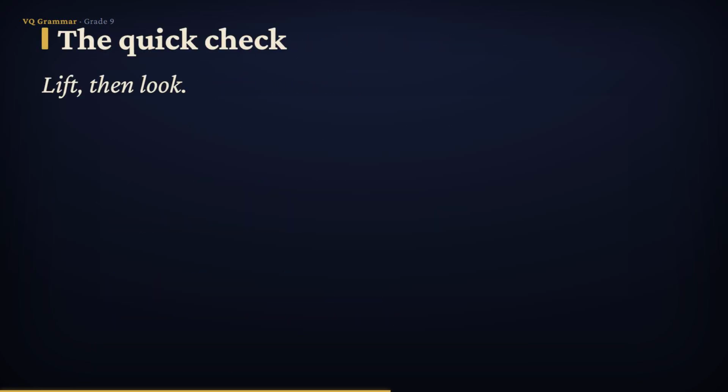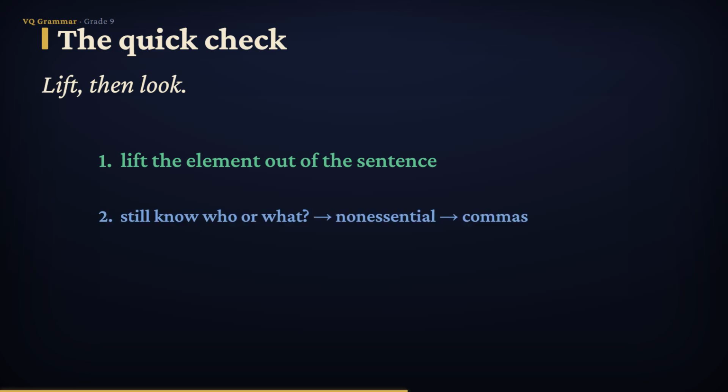Let's boil it all down to a quick check you can run anywhere. Step 1. Lift the element out of the sentence and read what remains. Step 2. Do you still know exactly who or what is meant? If you do, the element was non-essential, so wrap it in commas.